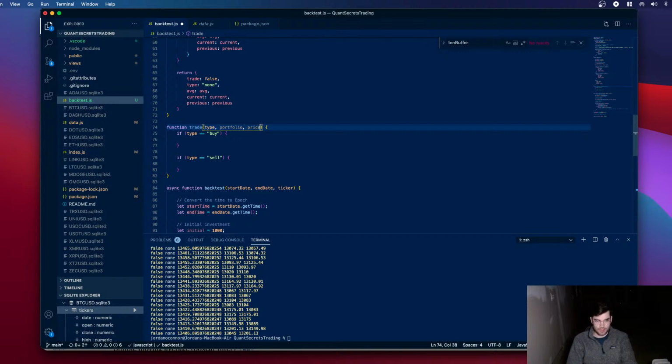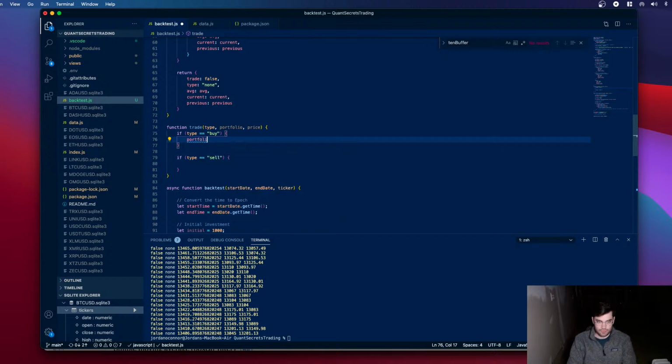Portfolio, the price. Yeah, I'll just do something like that because it'll be interesting. When I buy, I'll have dollars and I'll convert that into the coin.